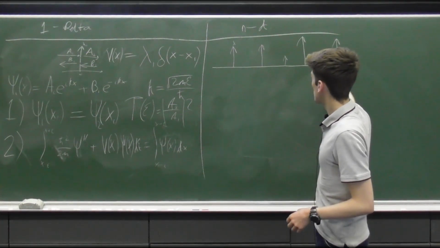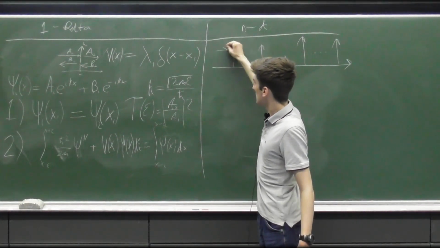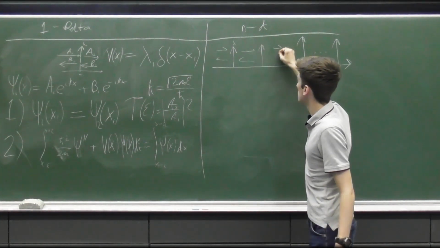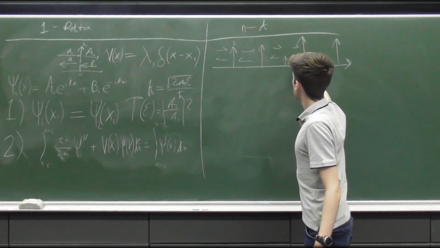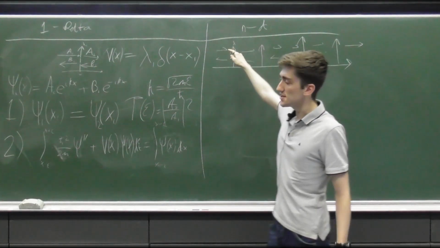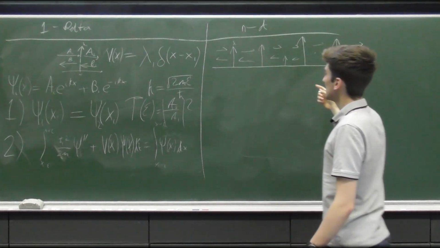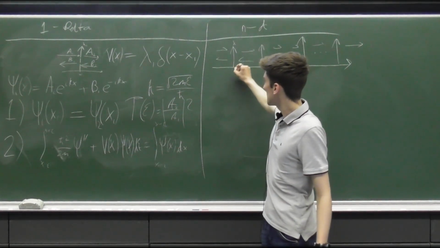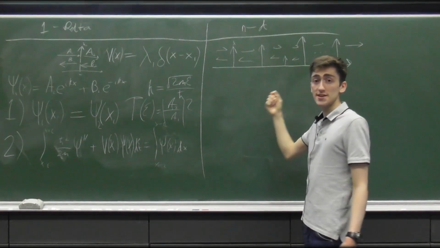Any number of delta functions at all, we still have to assign ingoing, outgoing, and so on and so forth. Each of these points has a coefficient, and each delta function has a boundary condition.